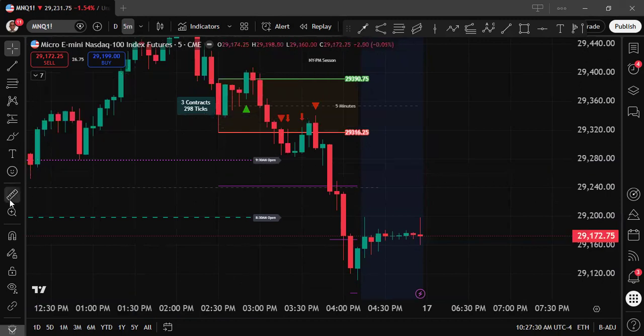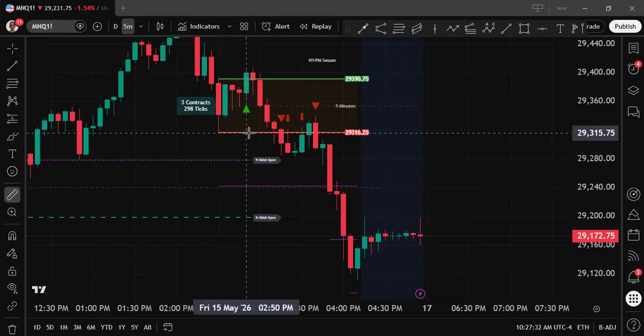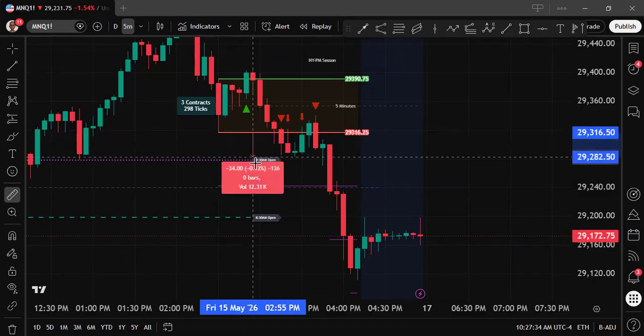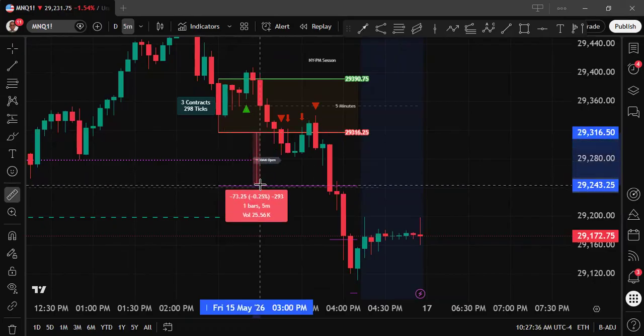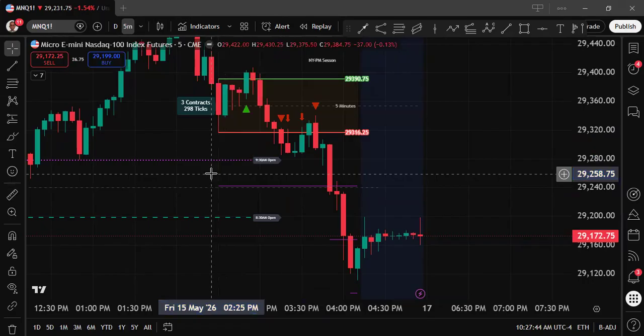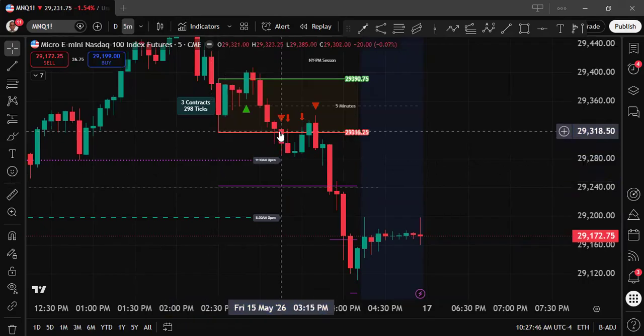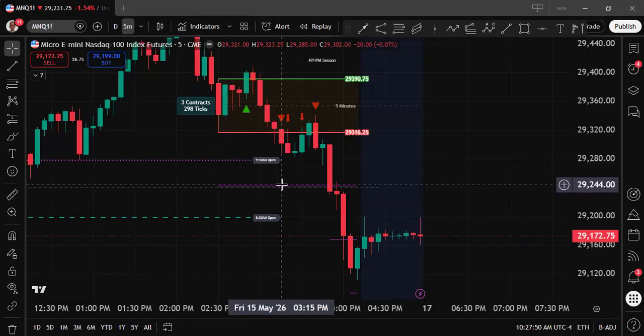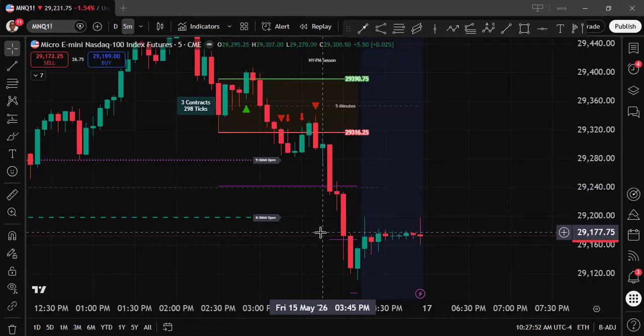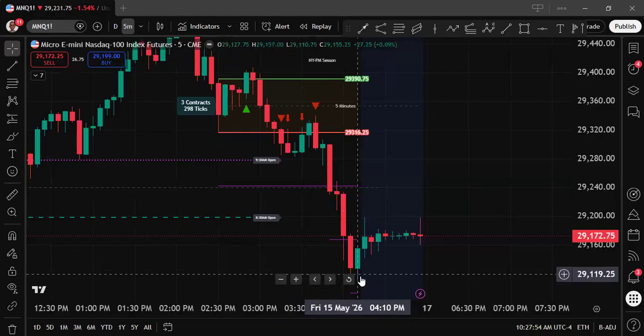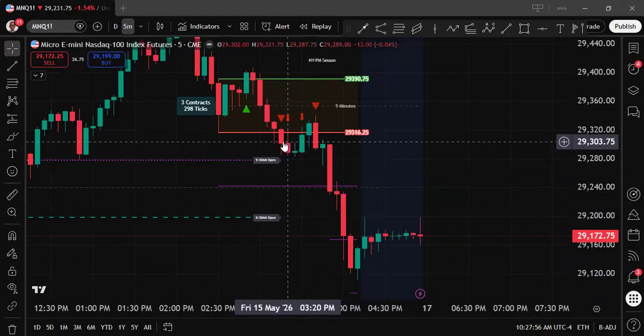From here, it's 298 ticks, right there. If I were to short right here and hit this first line, that's $500. Another 298 ticks, $1,000. Another 298, $1,500. That's based off of $500 of risk.